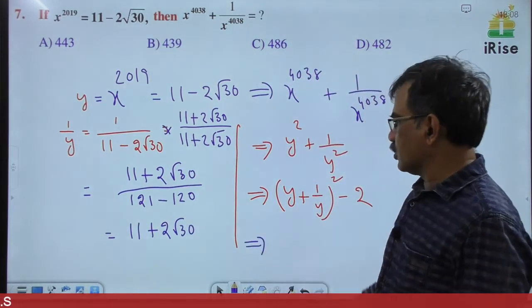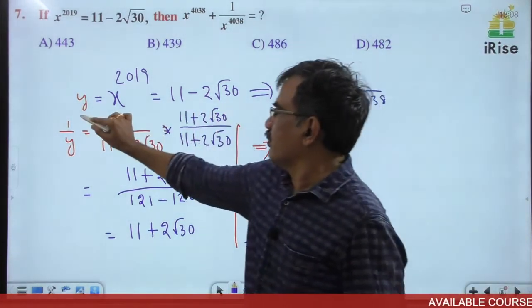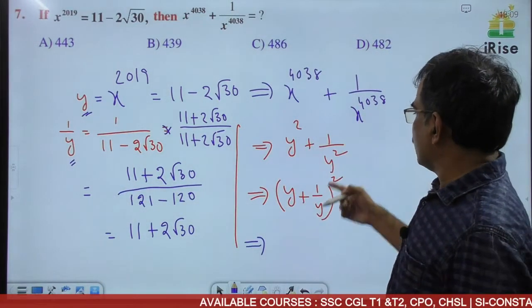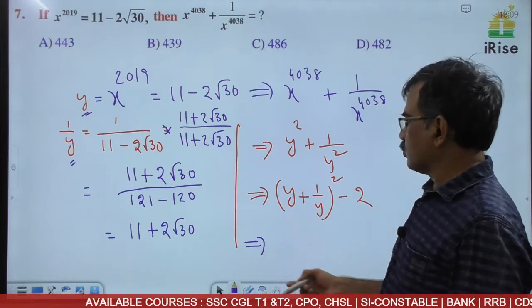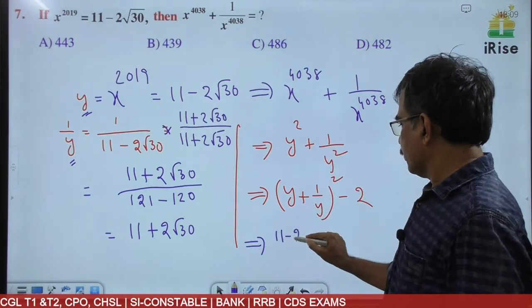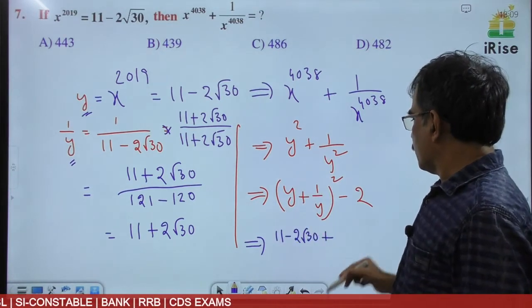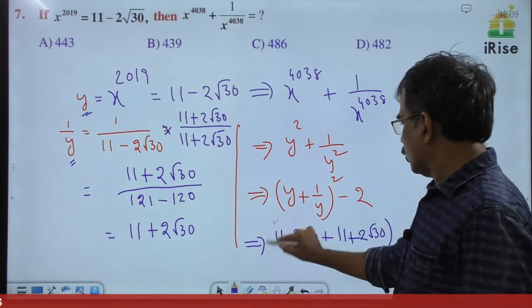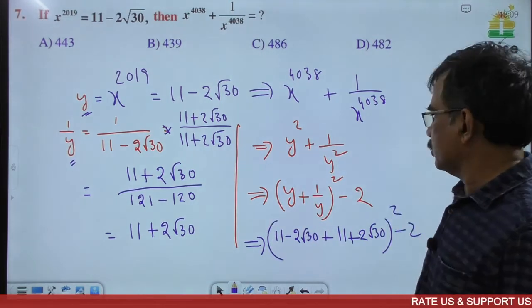Then I want to solve this one. We know the y value as well as the 1 by y value. So y square plus 1 by y square is y plus 1 by y whole square minus 2. Y is 11 minus 2 root 30 plus 1 by y is 11 plus 2 root 30, whole square minus 2.